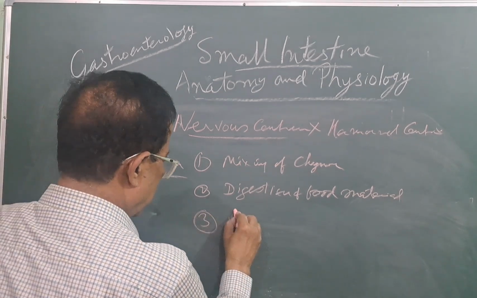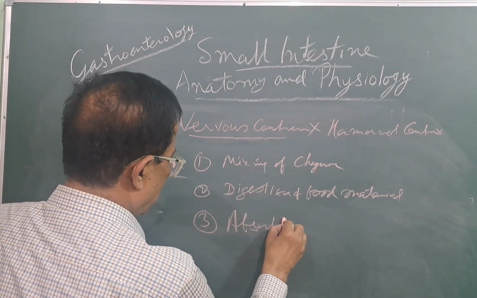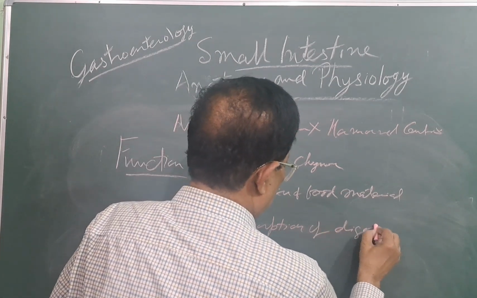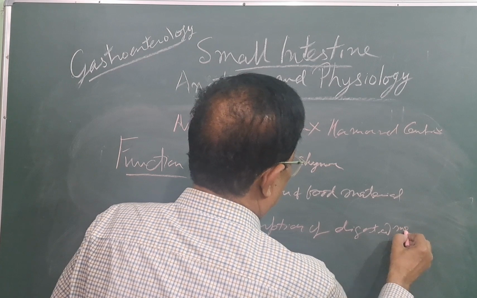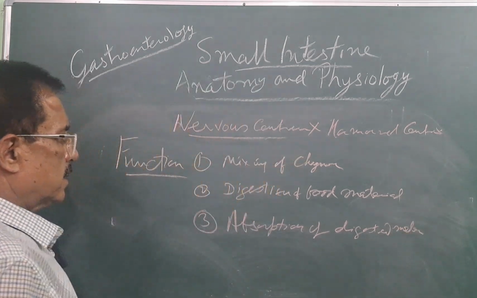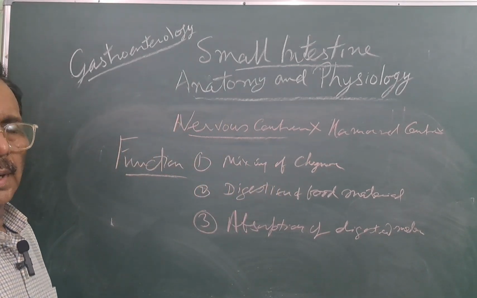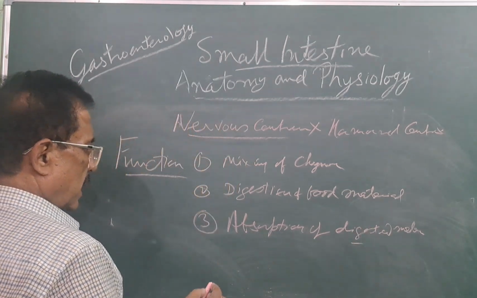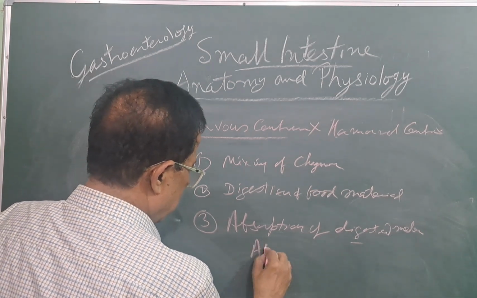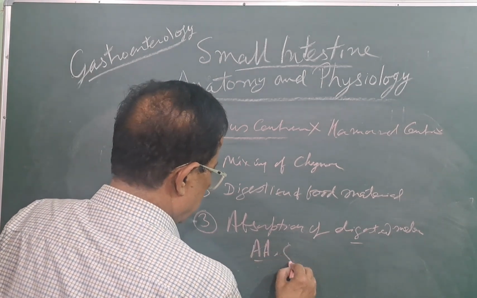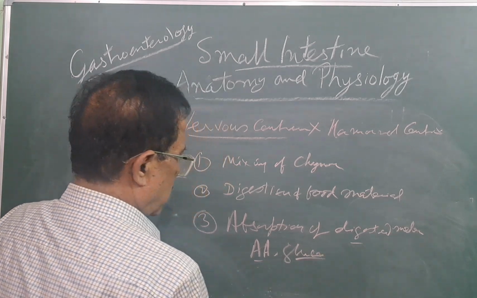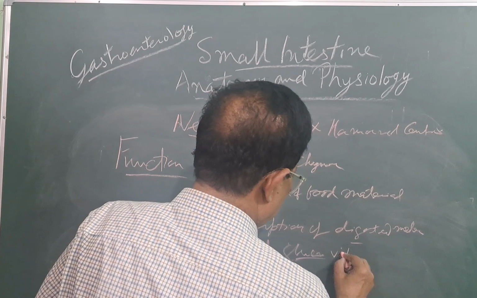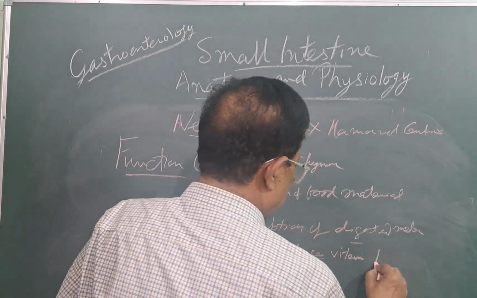Then after digestion, it causes absorption of the digested material, the end products of digested carbohydrates and lipids. It causes absorption of amino acids, glucose and vitamins by active process.